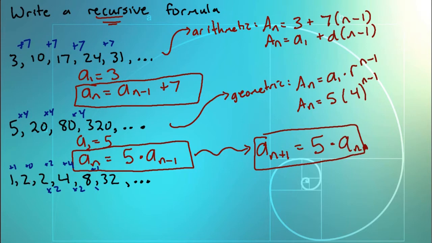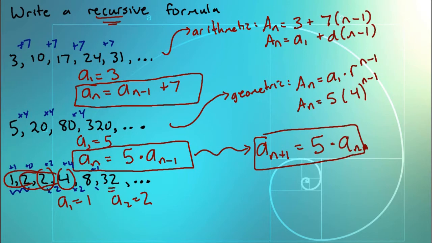So how do I get these first two terms? Well, I just start with those two terms. So a sub 1 is going to be 1. A sub 2 is going to be 2. And then I see, how do I get this 2? Well, by multiplying those two. And how do I get this 4? By multiplying these two. So it's the previous things. How do I get the 32?